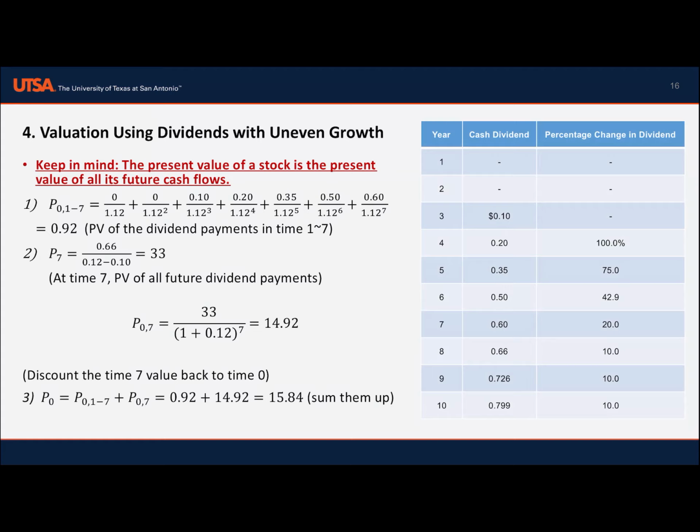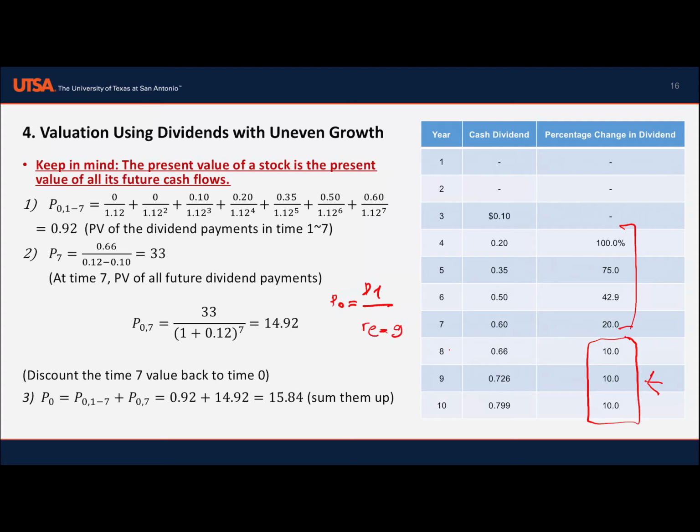First, you look at the growth rates. You will see this is just a 10% increase after the end of the 7th year. So we have a constant growth rate here, but we have an uneven growth rate before time 8. So we cannot use our formula, which is P0 equals dividend 1 over return on equity minus growth rate.